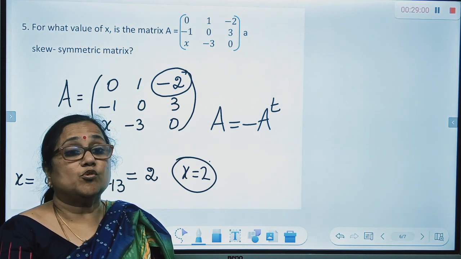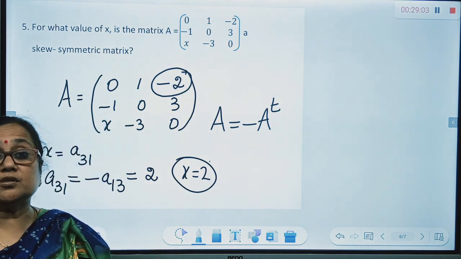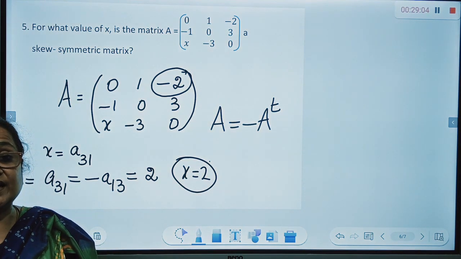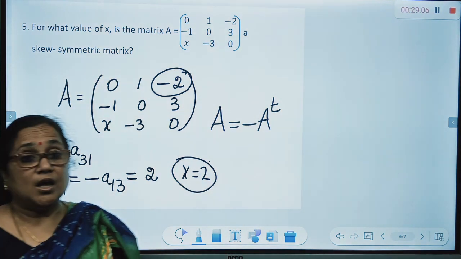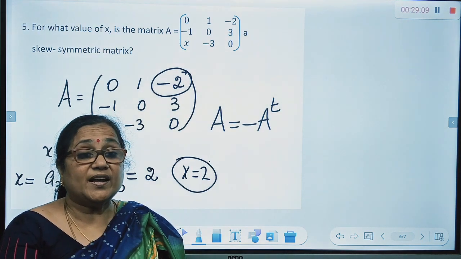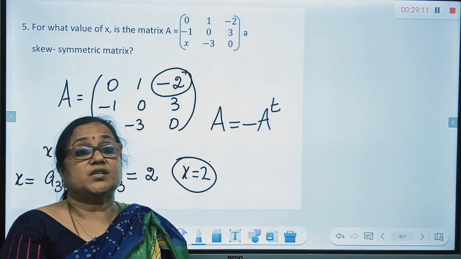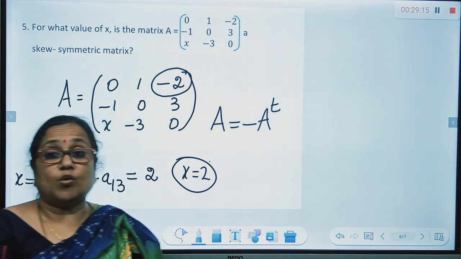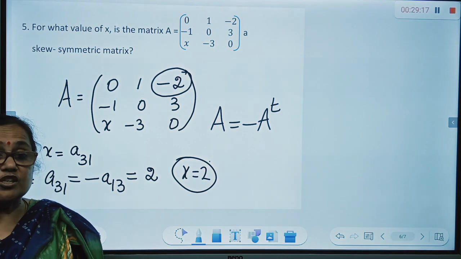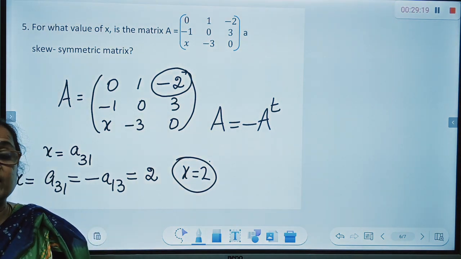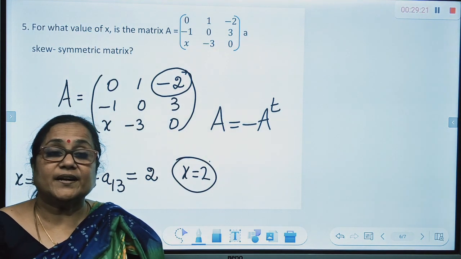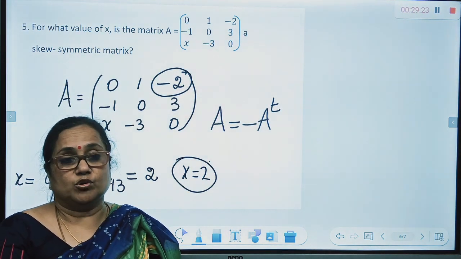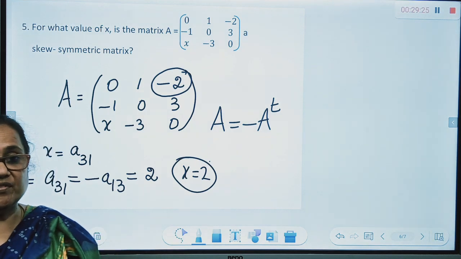A plus B transpose is A transpose plus B transpose. A minus B transpose is A transpose minus B transpose. AB transpose we verified as B transpose A transpose. Please remember the order, because order is important. Why? Because matrix multiplication is not commutative. So AB transpose is B transpose A transpose. These are some of the things that we verified.